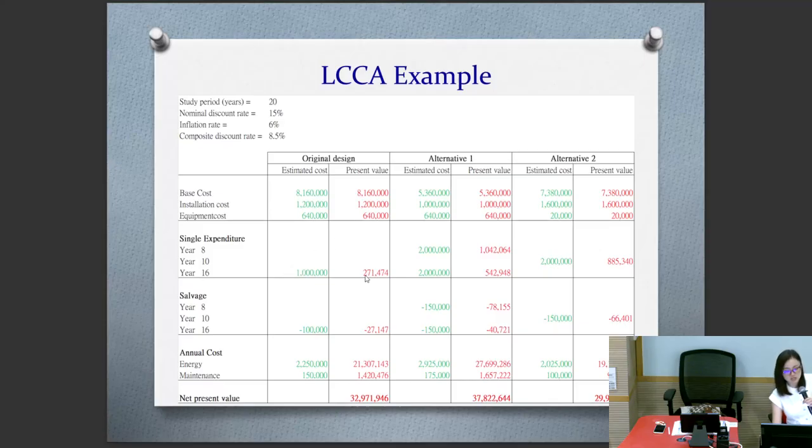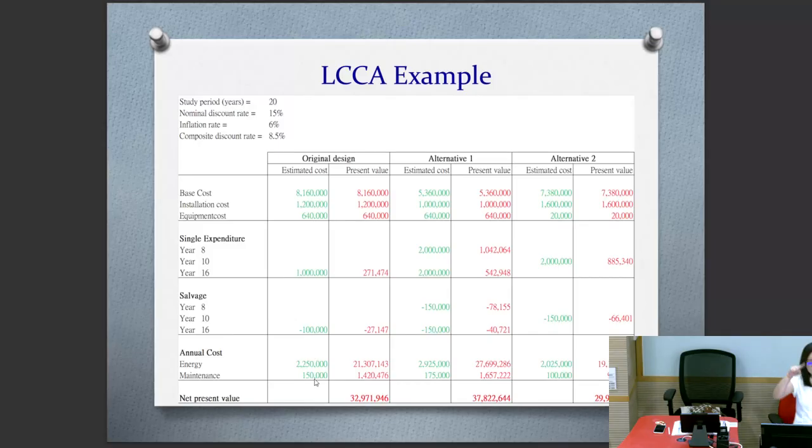If we convert it into the present value, it would be this amount. And for the rest, just the same, use the equation highlighted in yellow. But for these, they will happen every year. They are recurring costs, annual energy costs and annual maintenance costs. So for these, we have to use the equation highlighted in light blue.